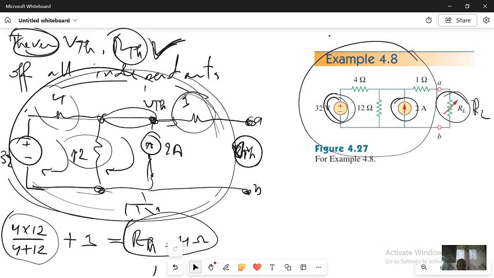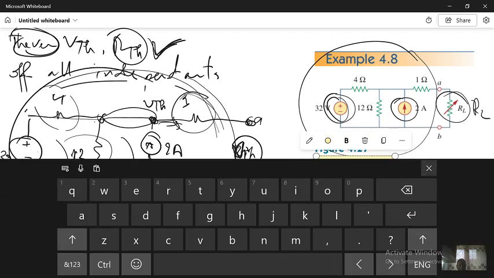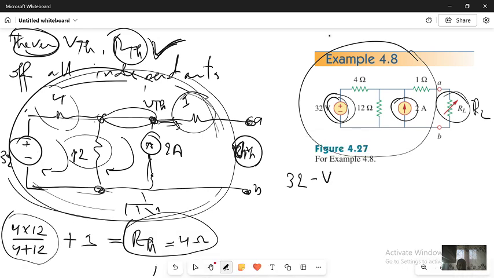So I can also use KCL. What does KCL say? The current entering equals the current leaving. No current will flow here. So I will have 32 minus VTh at this node, divided by 4, because of this 4, plus this current 2 ampere entering this node, plus 2, equal to the current leaving, VTh divided by 12.